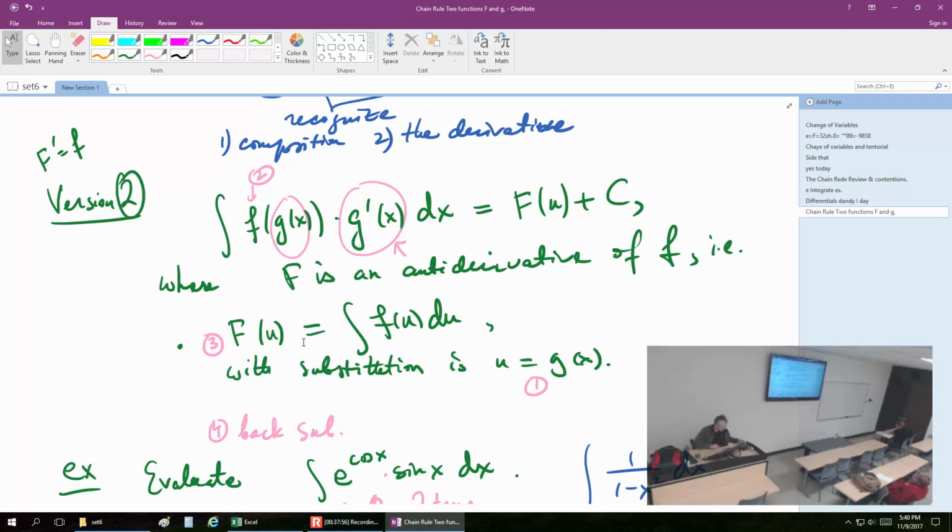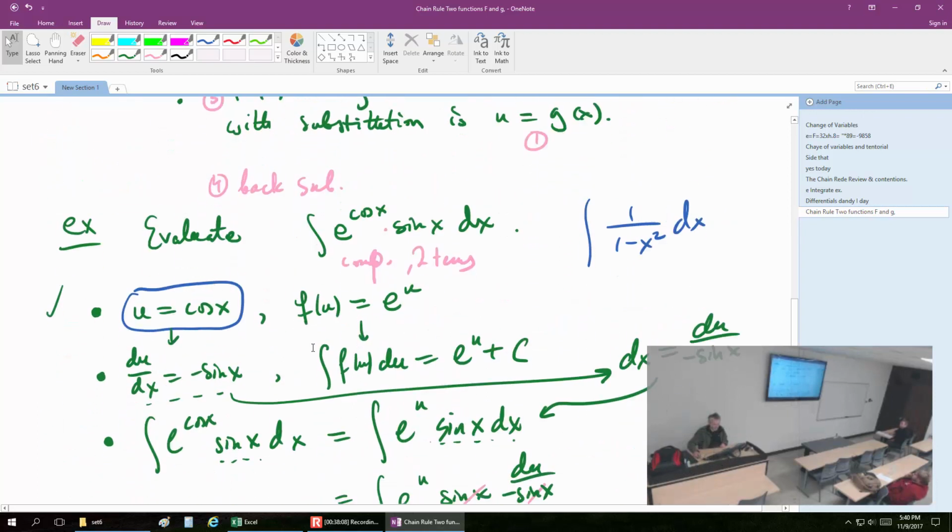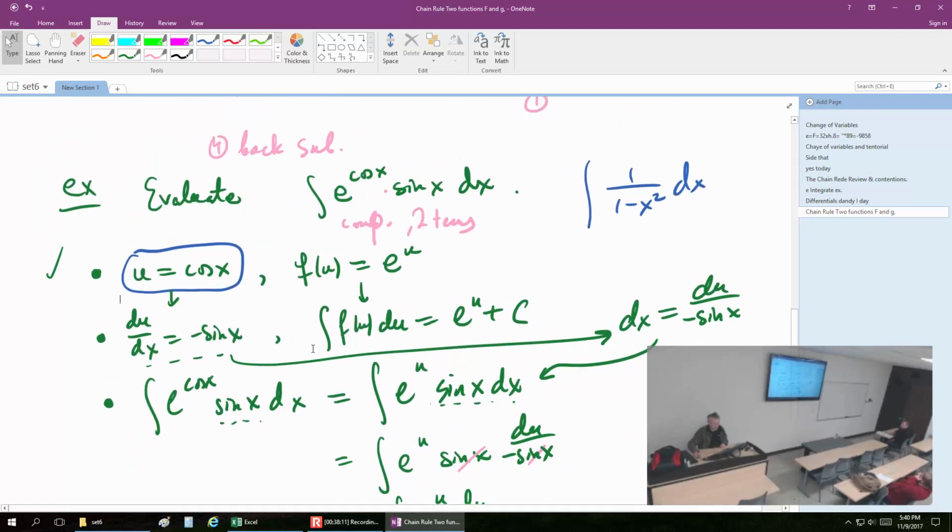Let me see if I want to take another example of this. There was a subtle point here that I skipped, but I think you should see it: that negative sign was a little bit of a discovery.